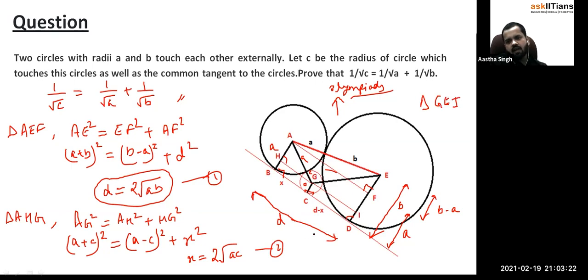In triangle GEI, your GE square is equal to EI square plus IG square, right? So from both, one condition will come out from this. From these three conditions, you can easily calculate that area.